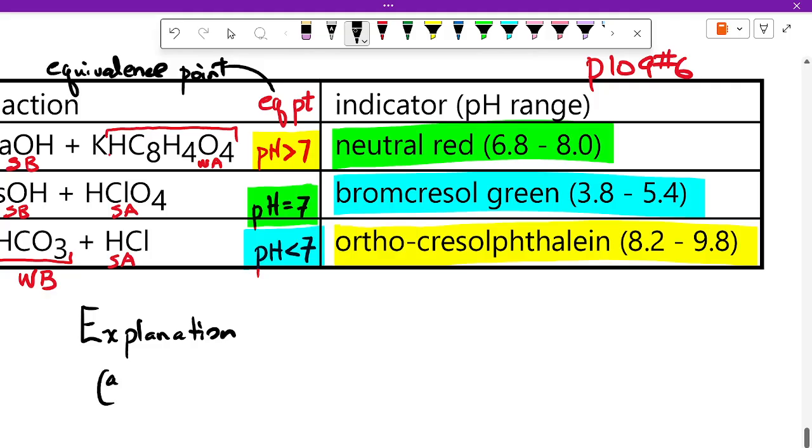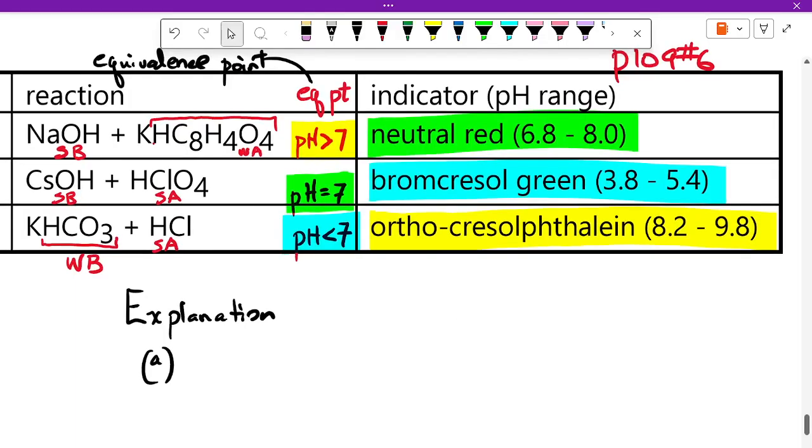the explanation for A is that OH minus, well, I guess we could write the whole thing. Can we write the net ionic equation? Are we all right with that? Okay. If it freaks you out, let me know. We have OH minus plus, and then we're ignoring the K because it's a spectator, HC8H4O4 minus.